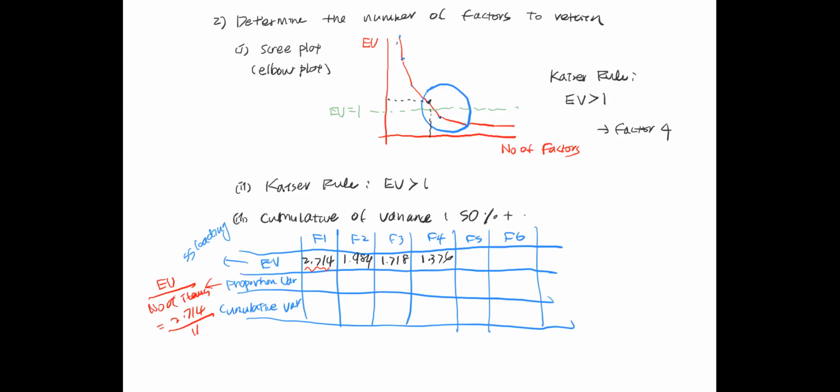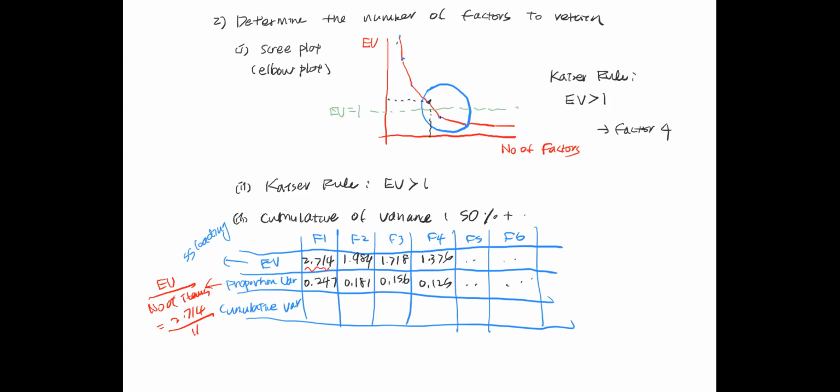If you calculate that, you will get 0.247. If you do this for the other factors, this is 0.181, this is 0.156, and this is 0.125. This is the same example we have in the slide, so the values will be there as well.